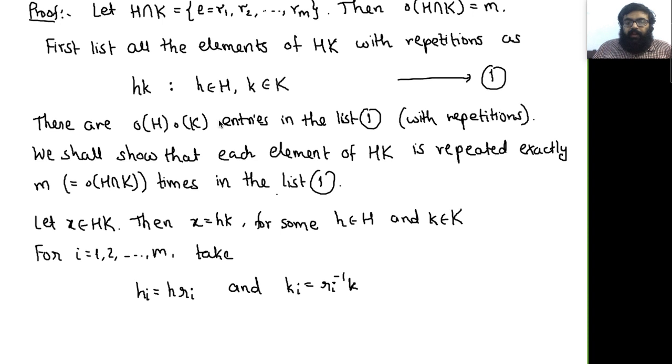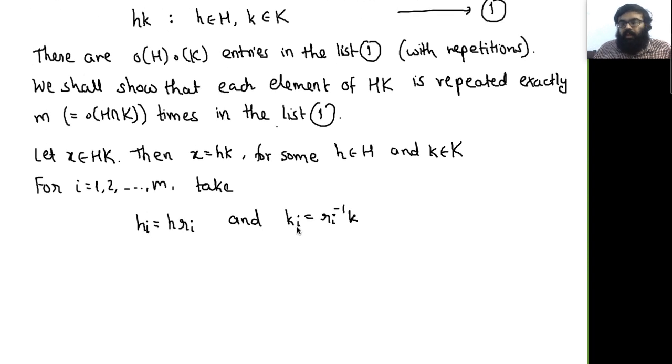So why do we define it like this? Now multiply hi and ki. What will h1 be? h1 will be h r1, where h is this fixed h, and k1 is r1 inverse k. So multiply h1 k1: h r1 r1 inverse k. So r1 inverse gets cancelled, and what we have is hk. So if I take h1 k1, I get hk.